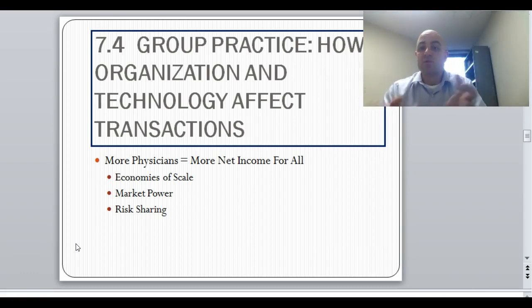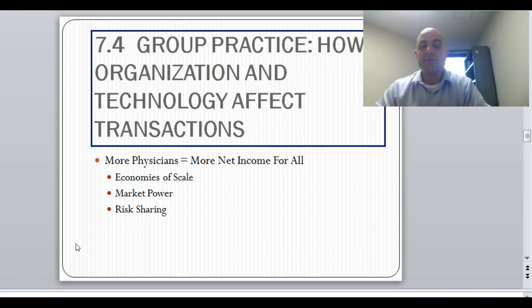All that can negatively affect the doctor if that doctor is in that field. But when you have a large practice, what happens is the other doctors can kind of pick up the slack and prevent the doctor from having to leave. And so to get over any periods, which may be bad ones, by sharing that risk, they kind of balance it out a little bit.